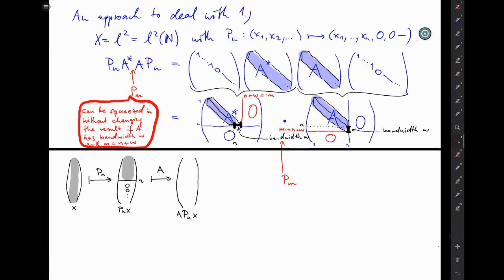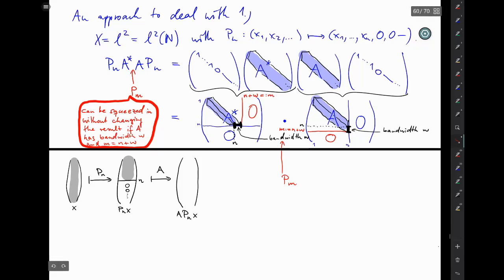And because by our assumption A is a band operator with bandwidth little w, it can transport data, or information if you like, only over distances less than or equal to w.